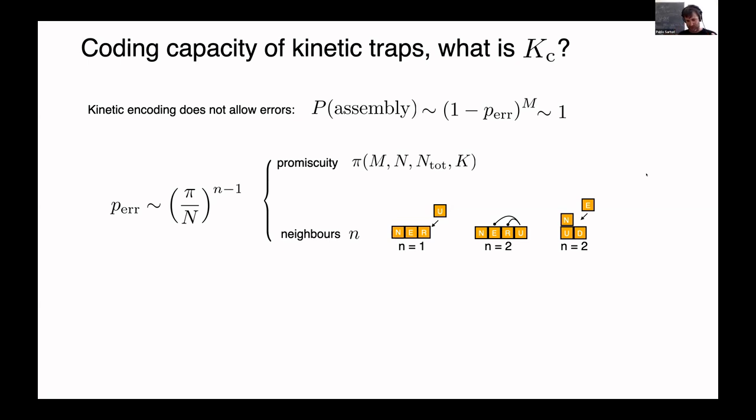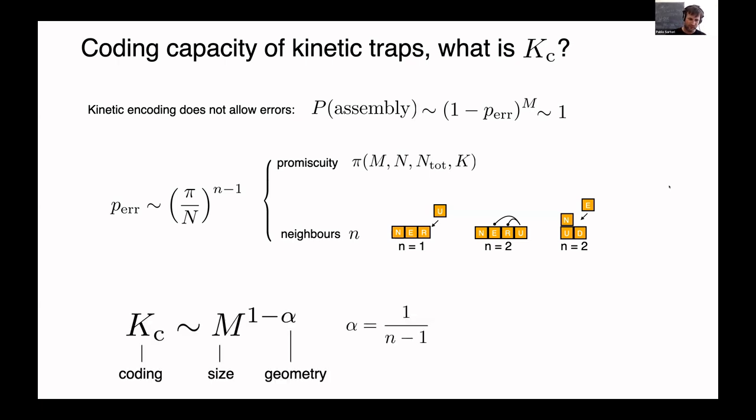So in this simple linear assembly, it's n equals 1. If you have next nearest neighbor interaction, then you would have n equals 2. If you have a 2D assembly instead, you will also have n equals 2. If you have 3D hexagonal, you can have n equals 3.